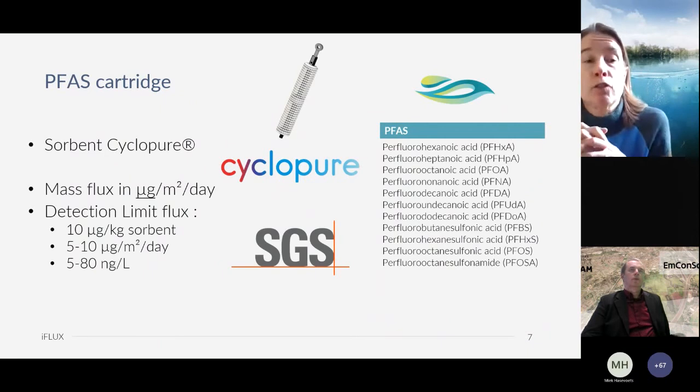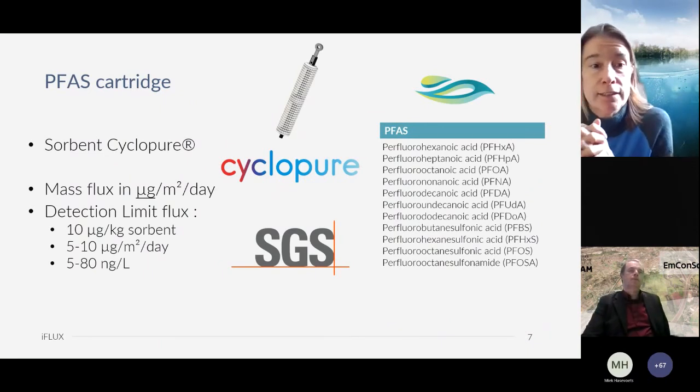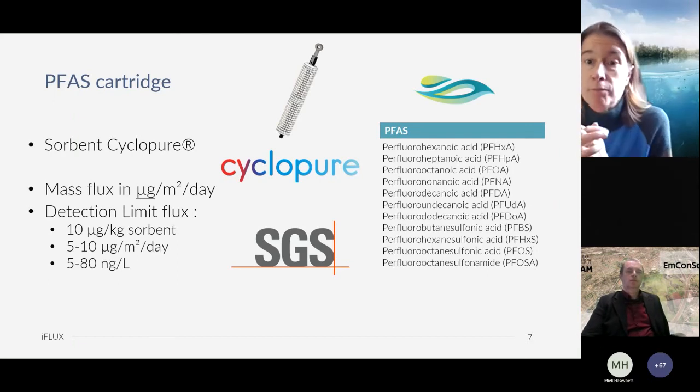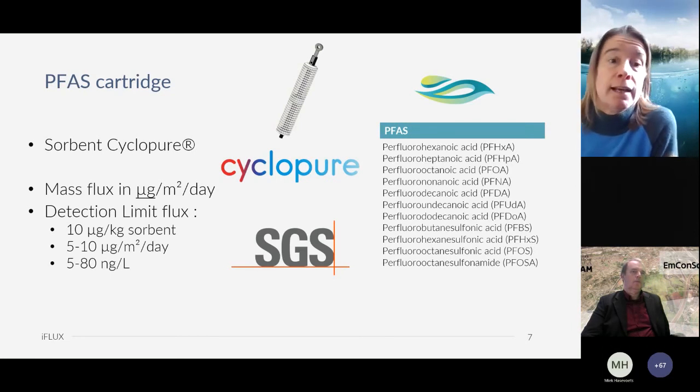Both types of cartridges can be filled with a resin that is specific for the absorption of PFAS. For this, we use a resin from Cyclopure, a US-based company, and the resin consists of cyclodextrin polymers.